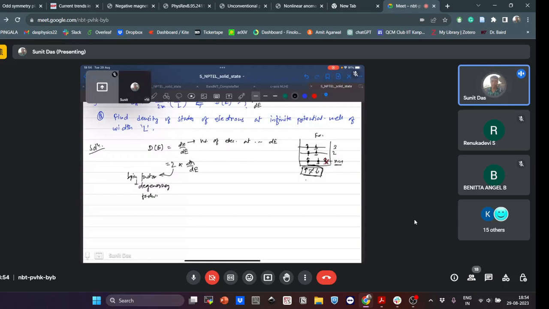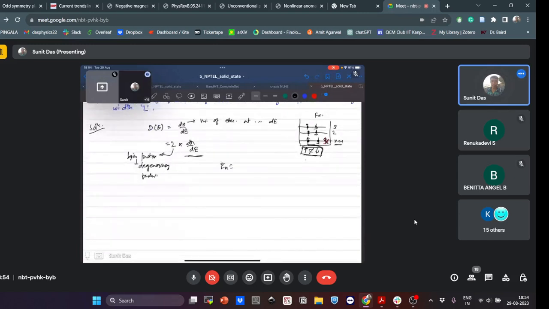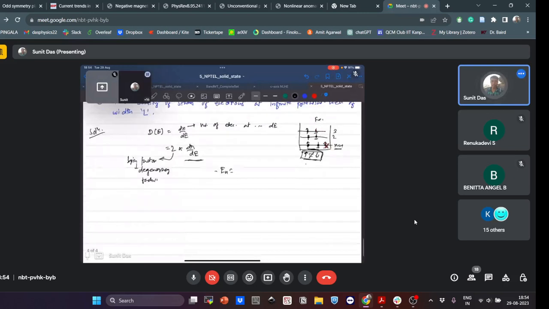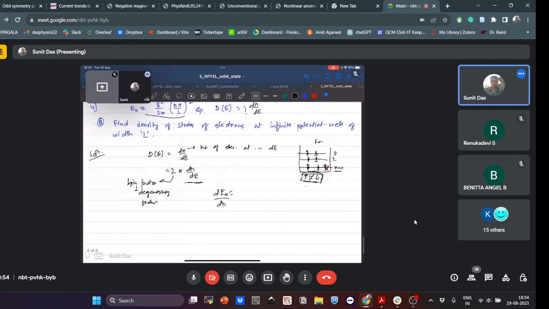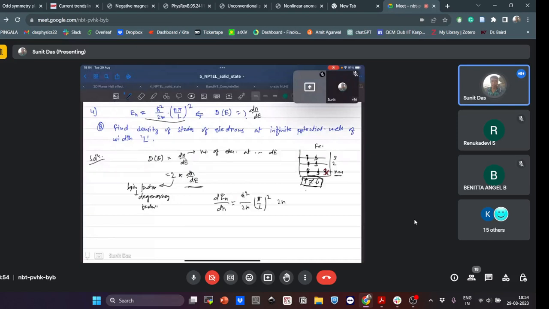So now we need to find dn de. So En we know this expression, so we'll just take the derivative of de and dn. So what will be that? To n, right?